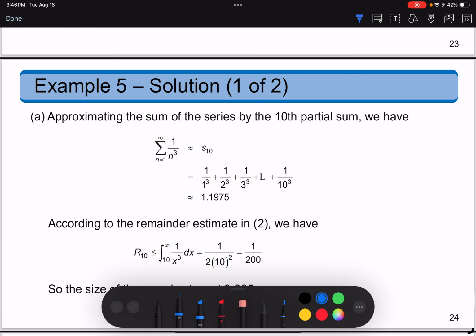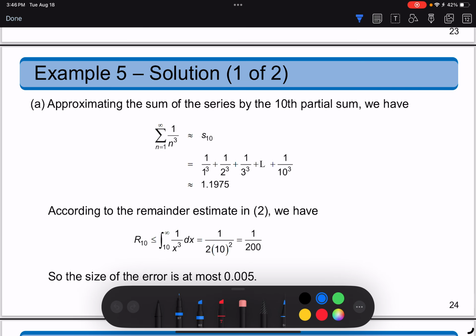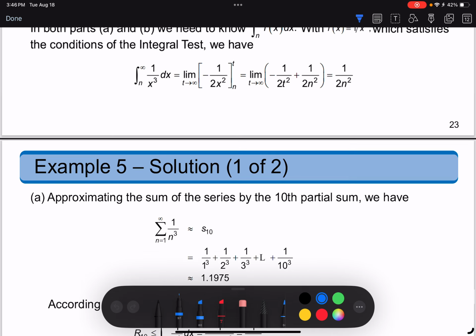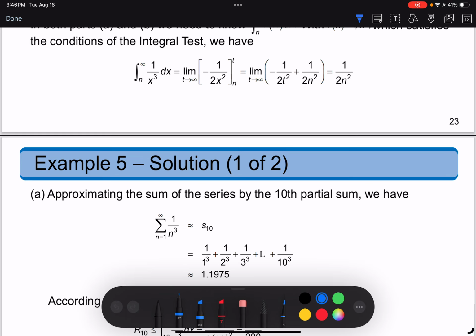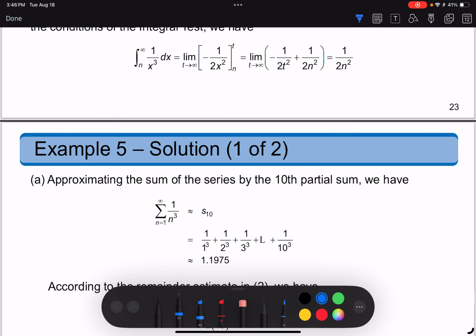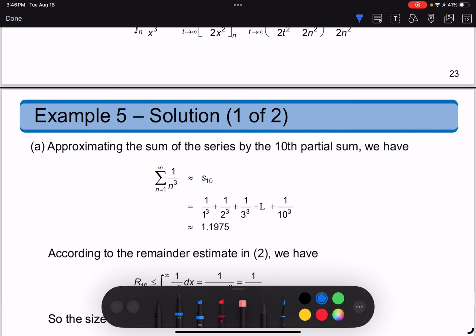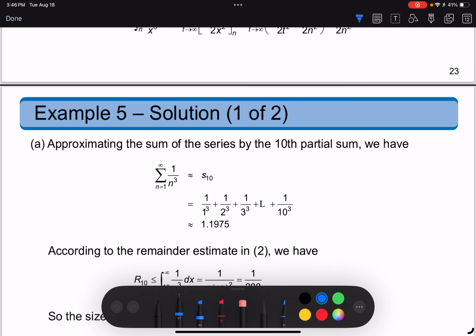Approximating the sum of the series by the 10th partial sum, we're going to use n equal to 10. If we manually add 1 over n cubed from 1 to 10, it would be 1.1975.